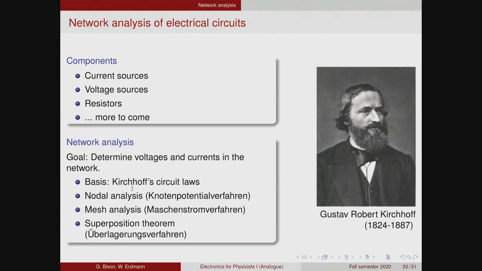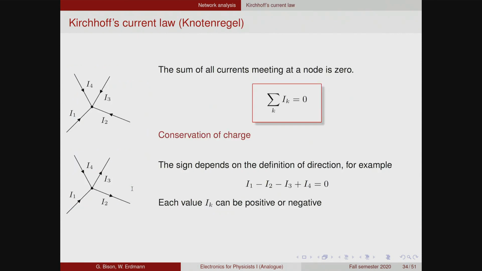And they all provide the same answer, of course, it's the same circuit. But it's a different concept how to get to the answer. And later it will be seen that there are some circuits for which one of the methods is easier than others.